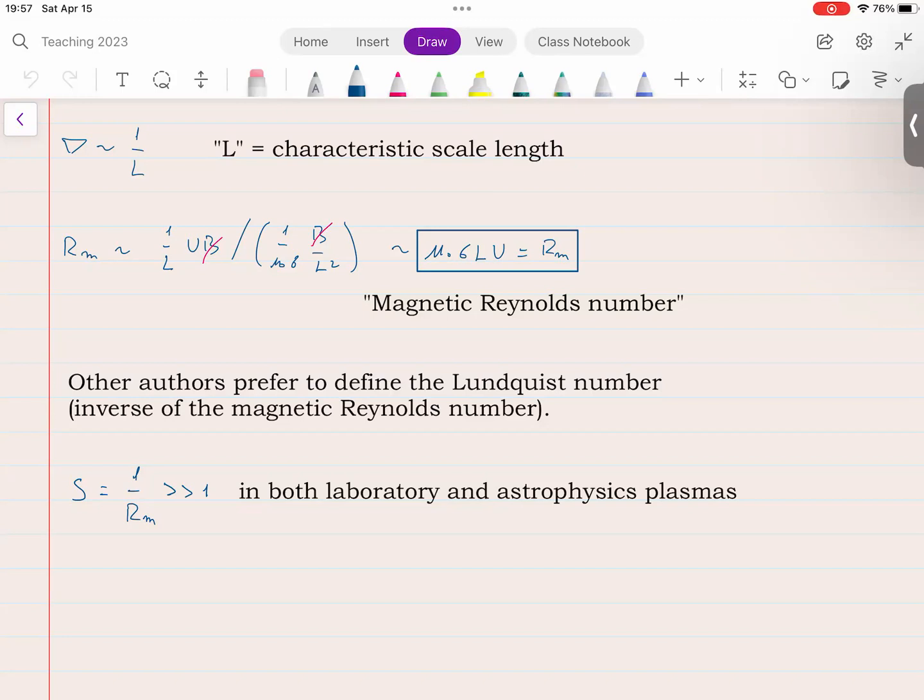The way it is maybe a little confusing is that we don't necessarily know, so we assume the conductivity to be large, and it may not be obvious if the product between the conductivity and mu naught, which is a small number, gives us a large number.